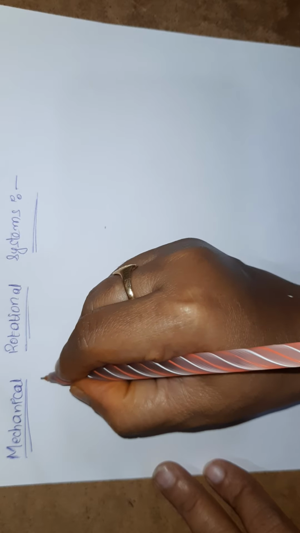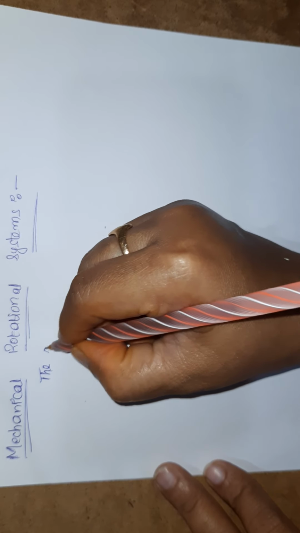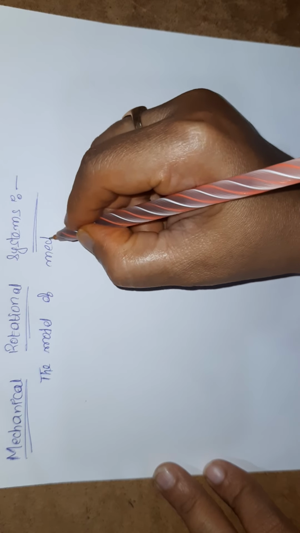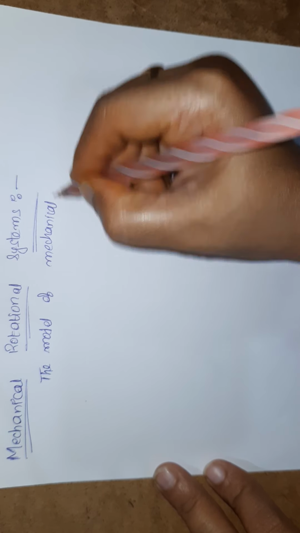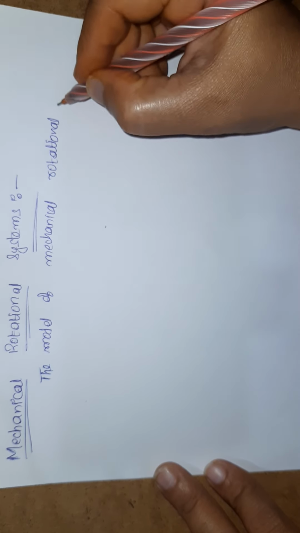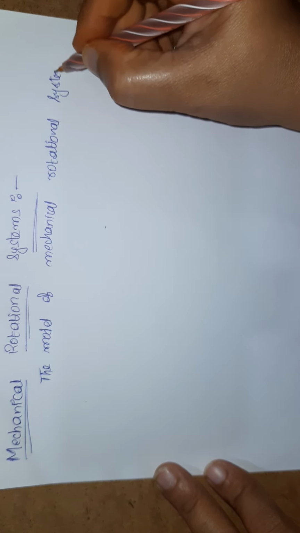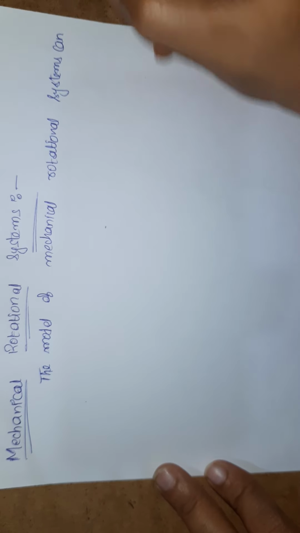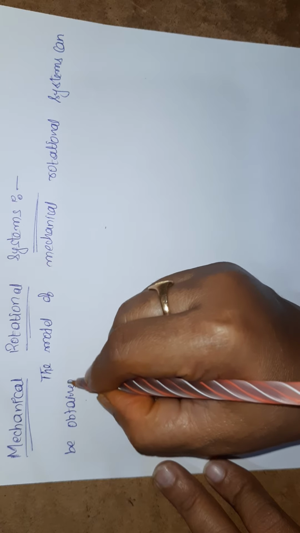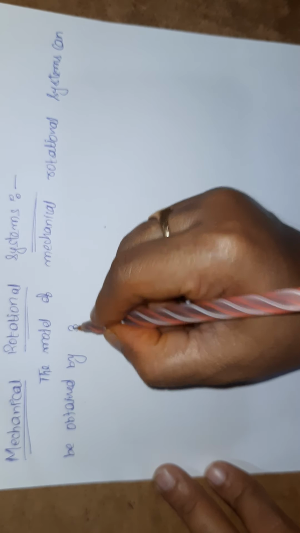So the model of a mechanical rotational system can be obtained by using three elements.